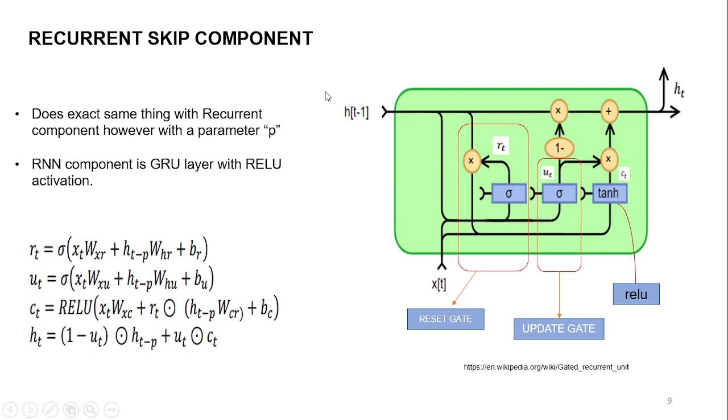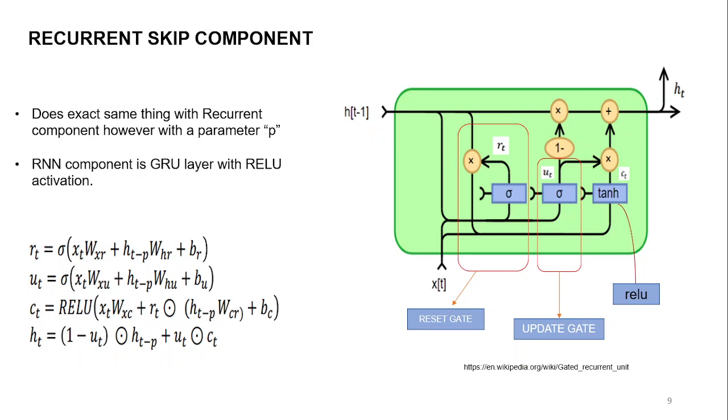The recurrent skip component. It was noticed that for very long input sequences, the GRU fails to capture very long-term dependency of the variables. The researchers proposed a novel recurrent skip component which leveraged the periodic pattern of the data to resolve the problem.